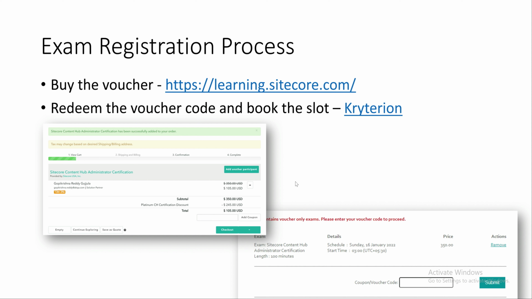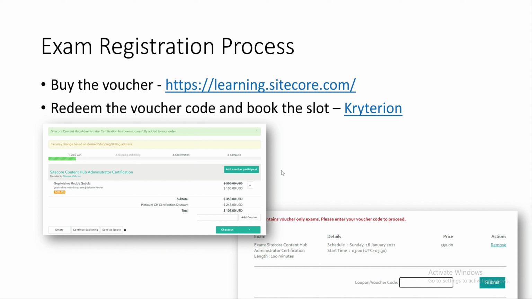You go to Criterion website and to buy exam. It will give you a warning that this is a voucher-only exam, so you cannot buy the exam directly at Criterion. You have to input the code here and then submit. Then you can schedule the exam and the cost will be literally zero. So you pay everything on learning.sitecore.com.